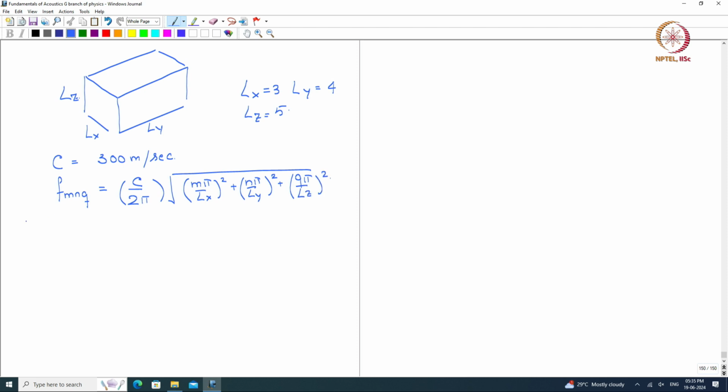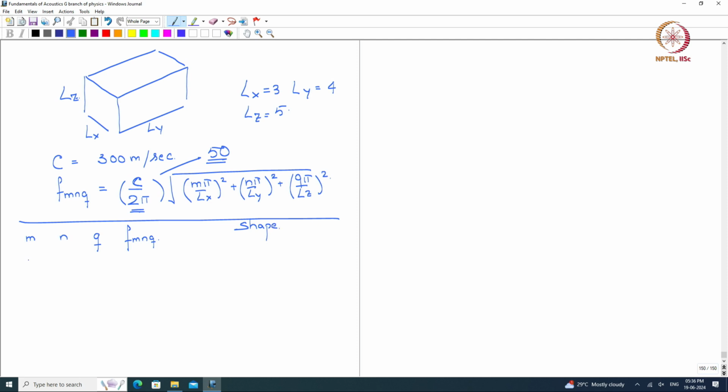I will just take some simple cases and look at resonances and mode shapes. Now c is 300 and twice pi is about 6, so c by twice pi I will approximate as 50. So let us see, I have m index, n index, q index, f m n q in hertz, and I will just look at a shape.